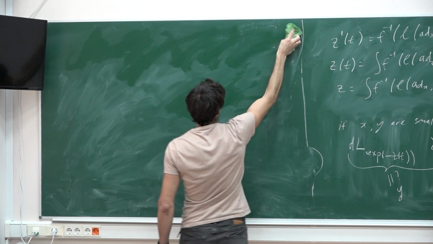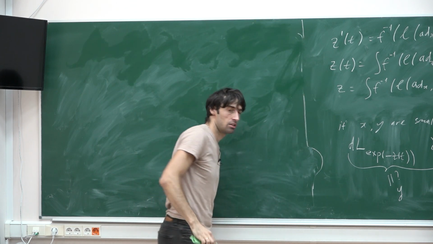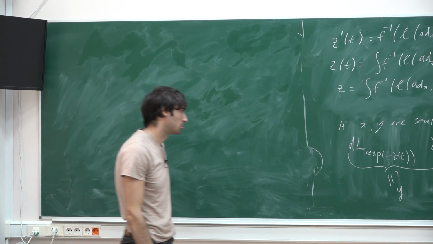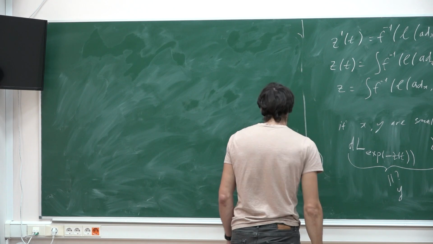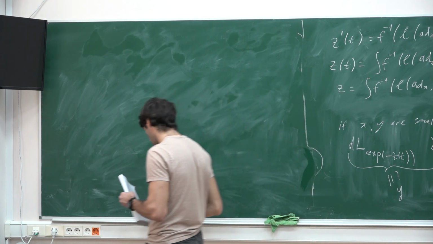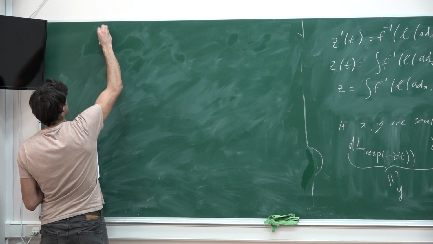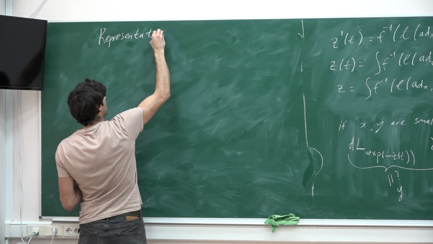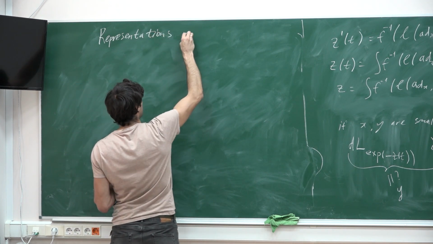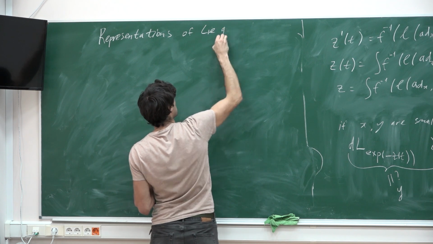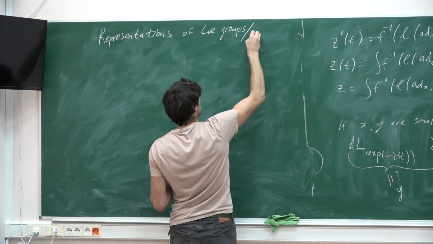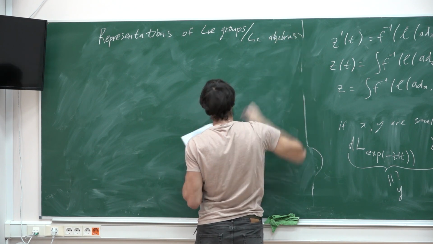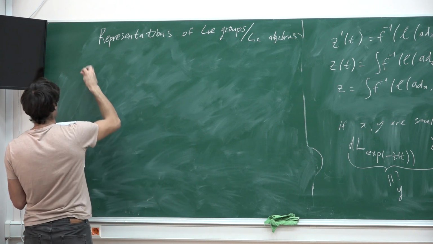We proved almost everything except maybe Ado's theorem, but it's also quite hard to prove. All right. So, representations of Lie groups, Lie algebras. Definition.